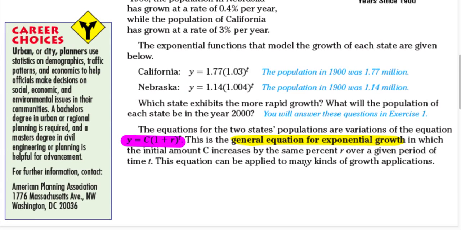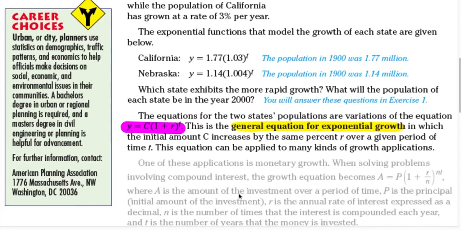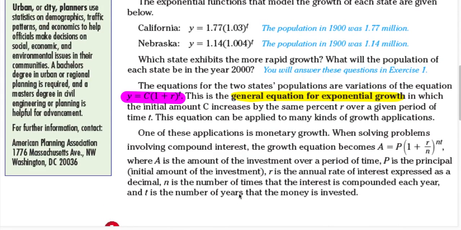This equation can be applied to many kinds of growth applications, and one of these growth applications is monetary growth. So, money. When solving problems involving compound interest, the growth equation becomes A equals, and we vary our general equation for exponential growth a little bit so it will fit our needs for money.